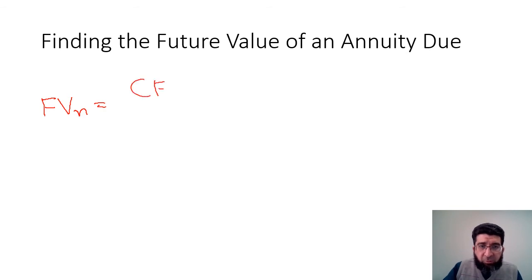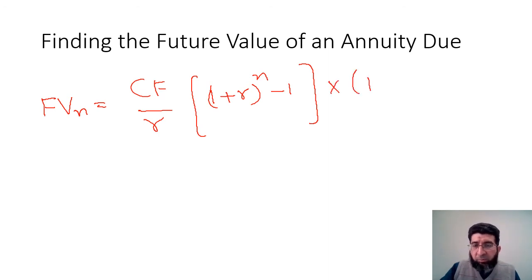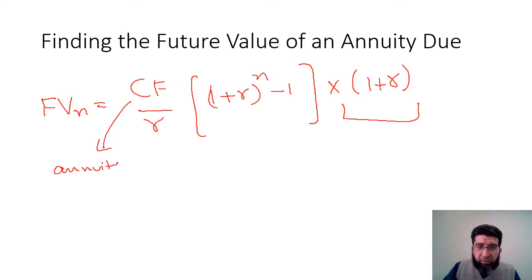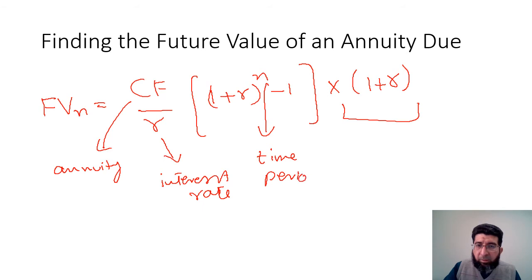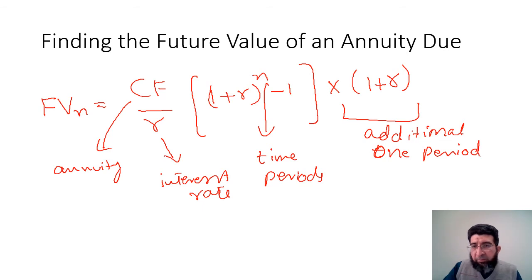So future value equals cash flow divided by R, times 1 plus R to the power N minus 1, and then we just multiply by one more factor, 1 plus R. Now this is an additional amount, while we already know that CF is the annuity, R is the interest rate, N is the time period, and 1 plus R is the additional one period factor added, multiplied.